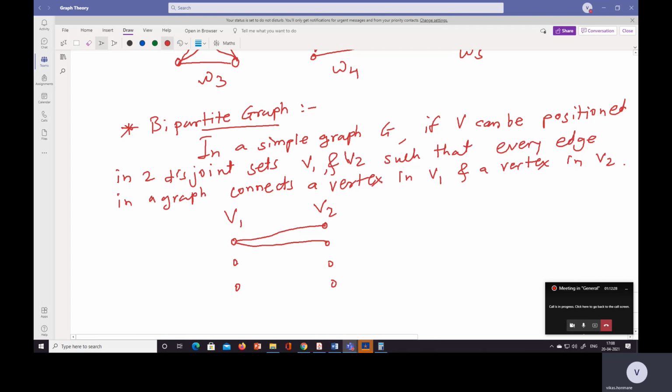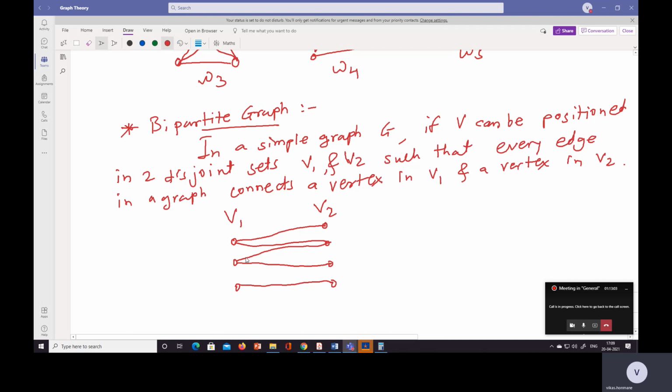So suppose this is an edge, it connects a vertex in V1 and a vertex in V2. We have multiple edges also here. We cannot allow connecting vertices within V1. Okay, so that means we cannot allow connecting these vertices. So this is called a bipartite graph.